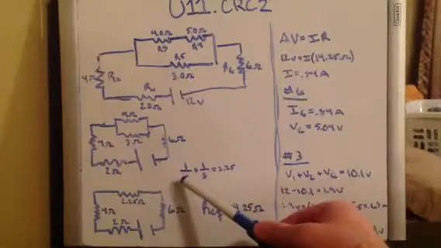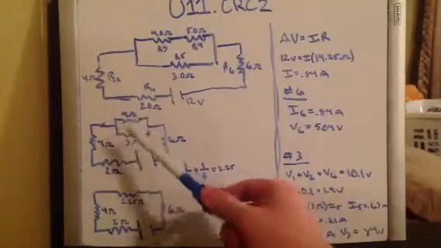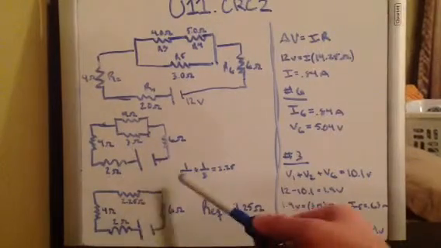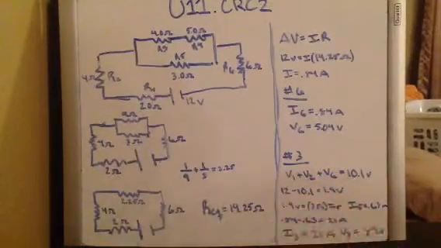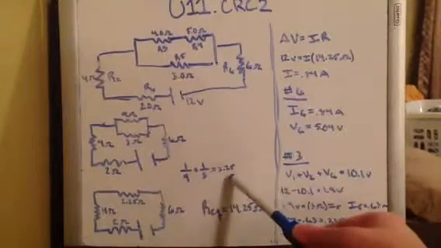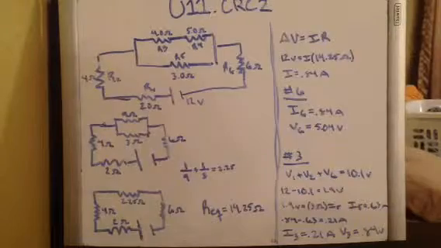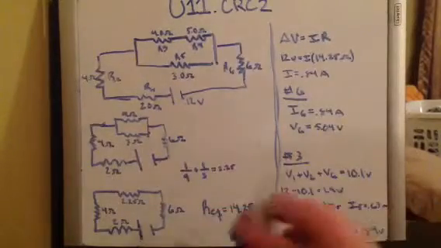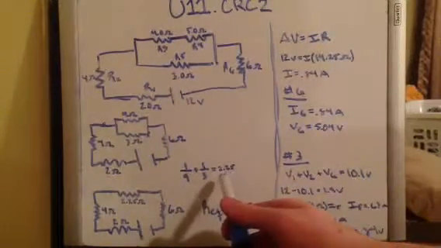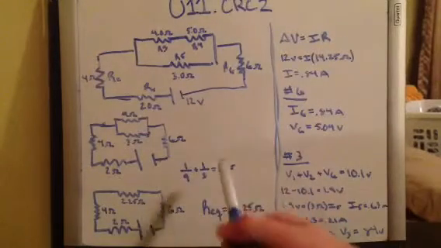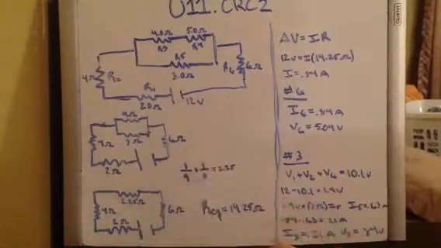You take the inverse resistance of the two resistors, add them together, and that will give you the inverse of the resistance of the new resistor, which equals 2.25.